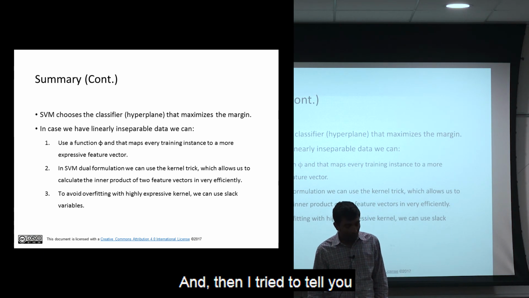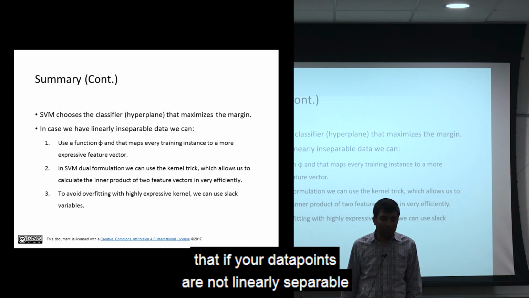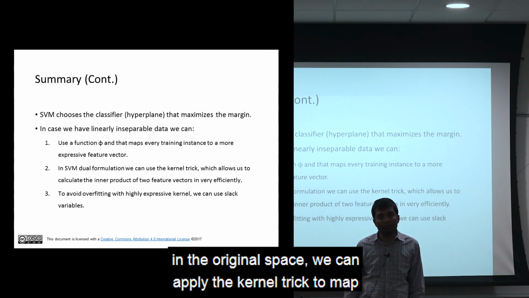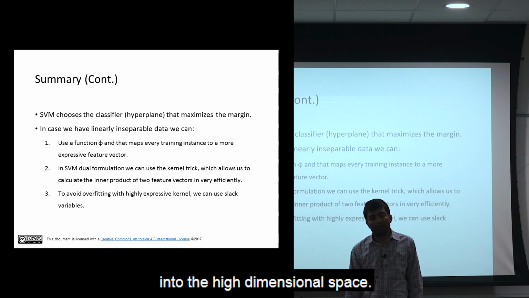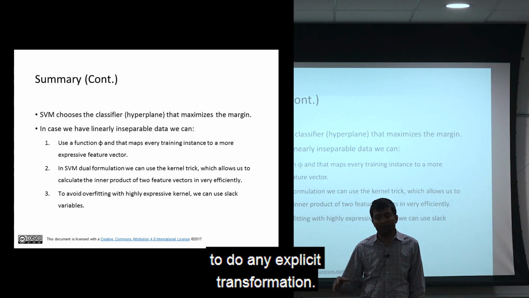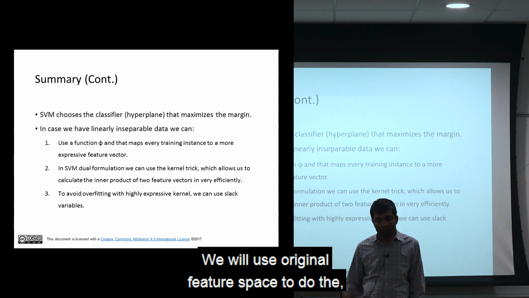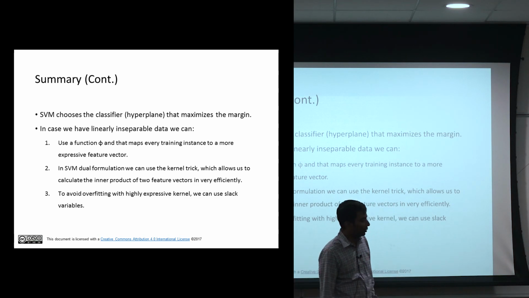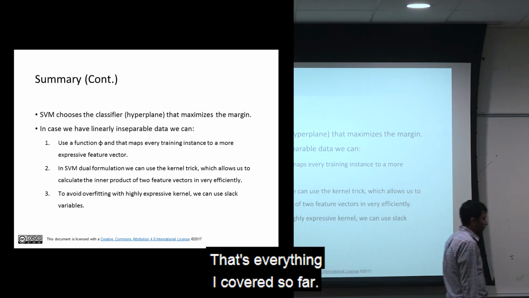And then I tried to tell you that if your data points are not linearly separable in the original space, we can apply the kernel trick to map into the higher dimensional space. And using the kernel trick, we don't need to do any explicit transformation. We use the original feature space for the manipulation and so on. That is what I covered so far.